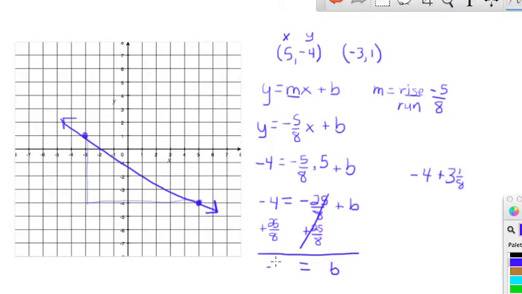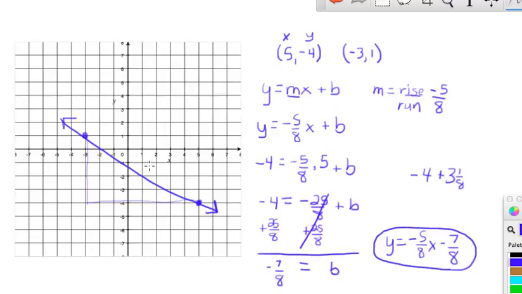So -7/8 is my B number. Again, a lot of them come out a lot nicer than that without some of that nasty fraction arithmetic. There's how to get the exact answer.